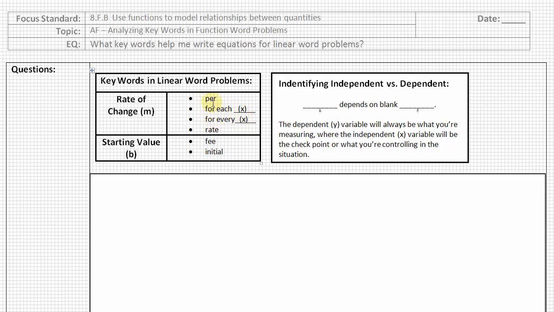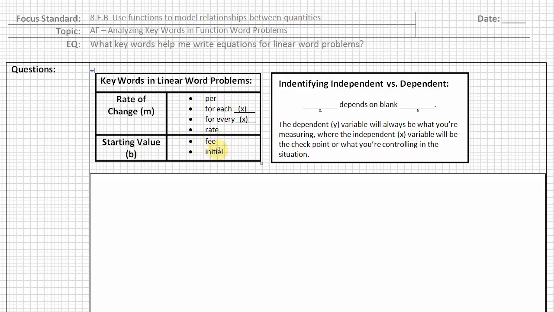So these are the 4 key words or phrases that they tend to use with the numbers for the rate in the story problem. And then our starting value, or our b value, is often signaled by fee or initial.